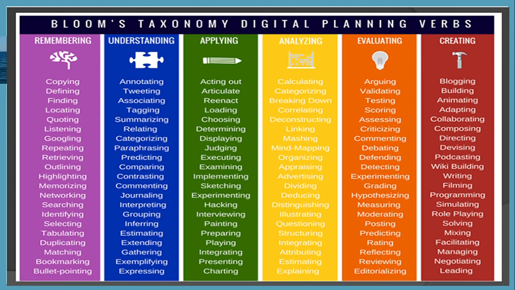They can compose an essay on their own. Direct, devise, podcast, wiki building, write, film, program, simulate, role play, solve, mix, facilitate, manage, negotiate, and leading. So these are the possible words you can use.